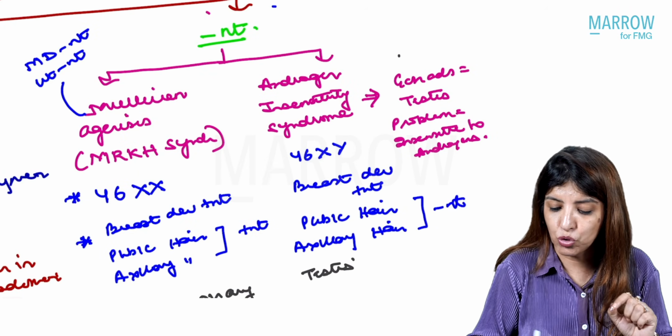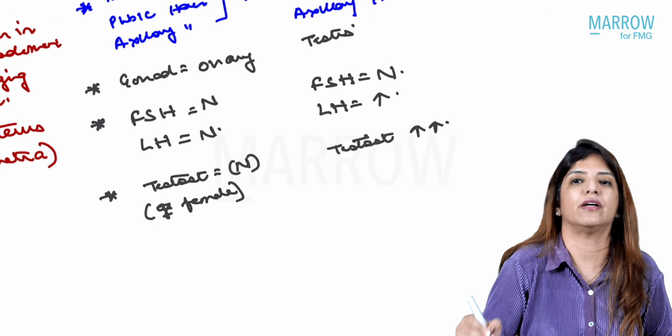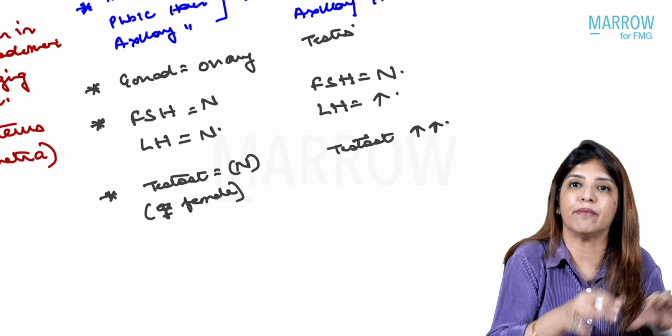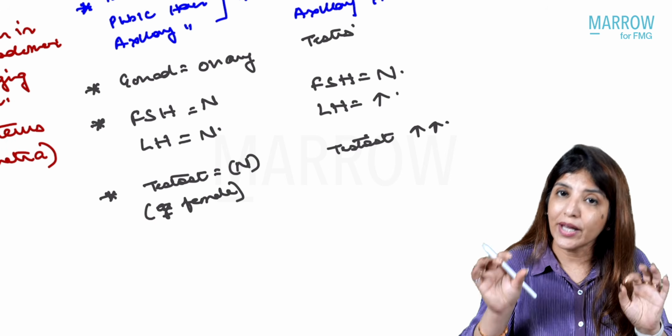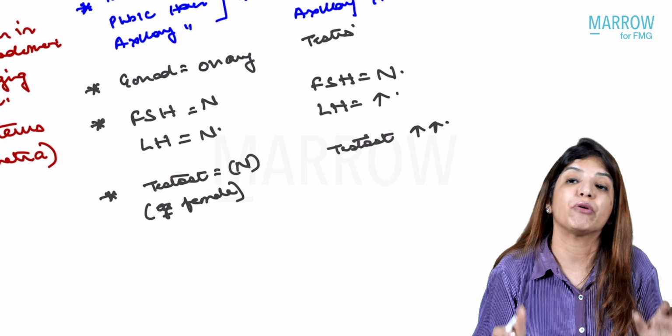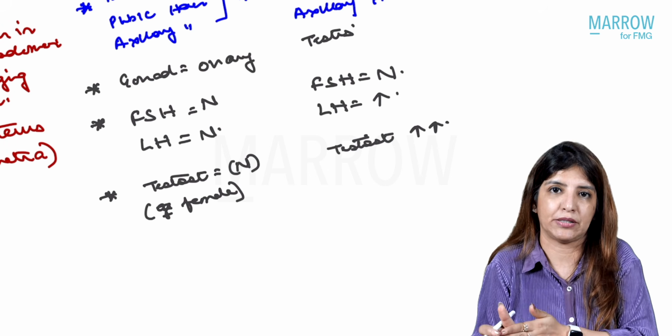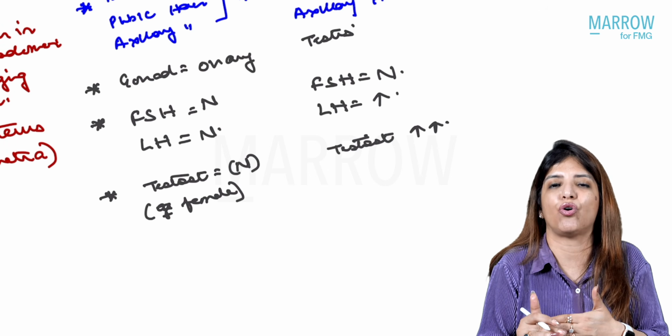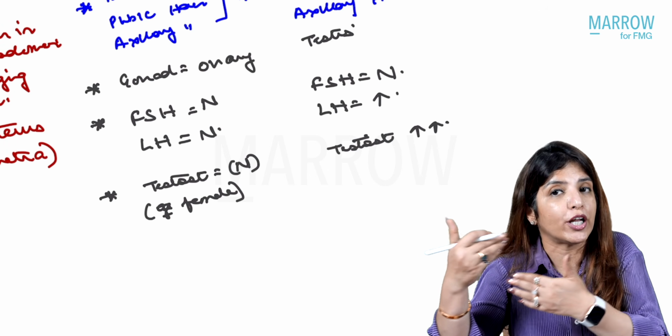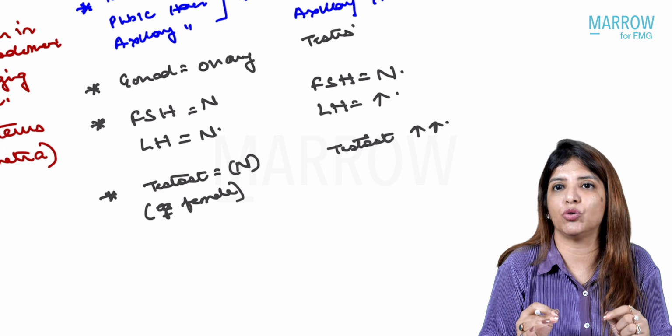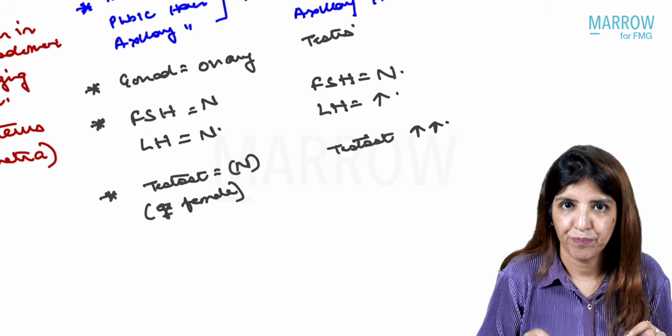Testes will produce much higher levels of testosterone in comparison to ovaries. So in androgen insensitivity syndrome, because actually they are males, the levels of testosterone will correspond to male levels. In other words, they will be very high, right?